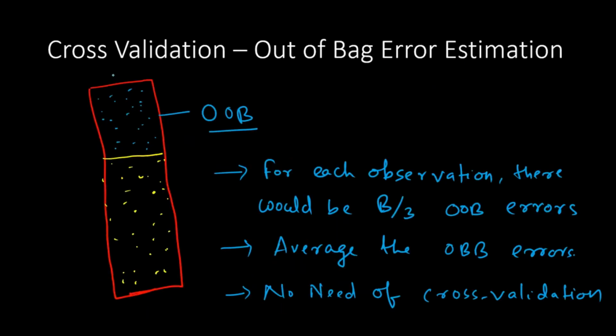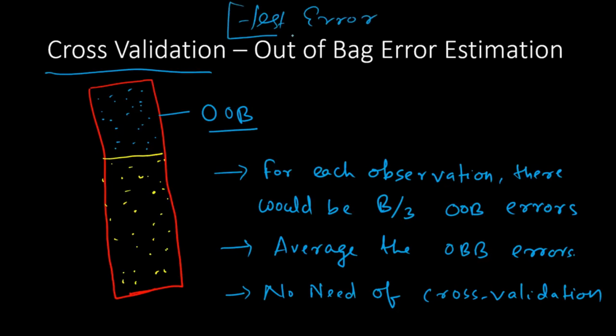The next important thing to know in bagging is how you do cross validation. Normally, if you're building a regression model or a decision tree, you separately do cross validation, right? Build a model on training data and then validate it on test data, just to find out what the test error is.